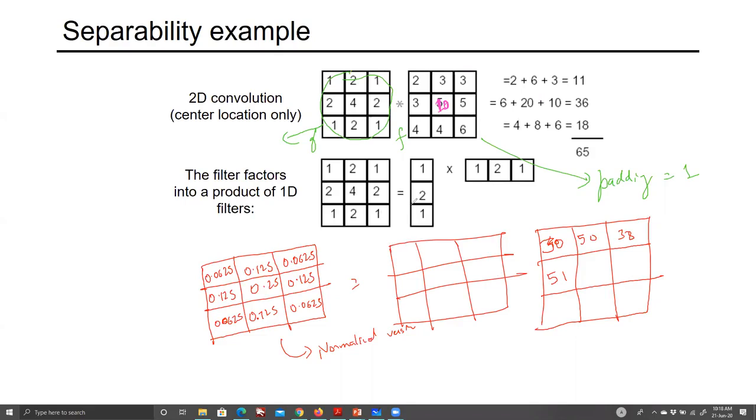No, padding 1. Why would you do padding 2 all of a sudden? Whenever you do padding 1, what it means is in all sides, an extra 1 padding is added, right?